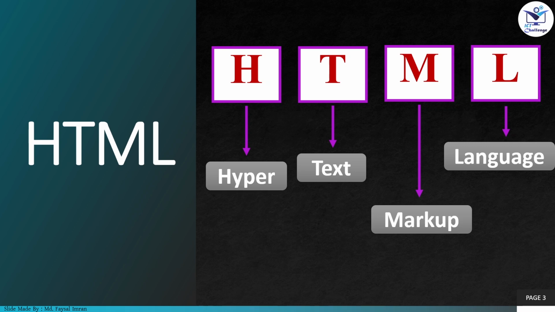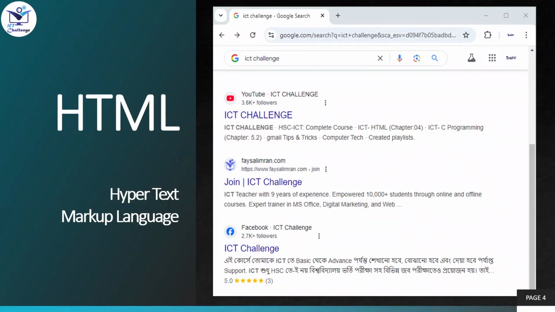So what is hypertext? Now we have an example. If you search for ICT challenge in Google or any website browser, you will get a lot of results, and in those results you will see some text in blue color and some text in black color. If you click on the blue text, you will be redirected to a website, that means you will enter a different website.